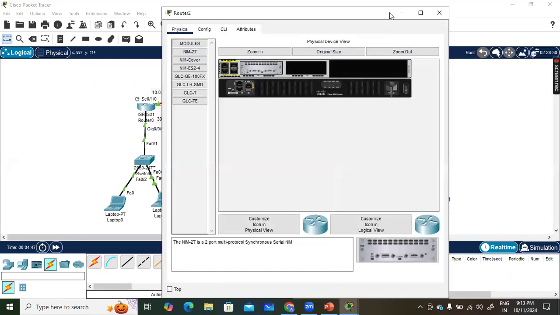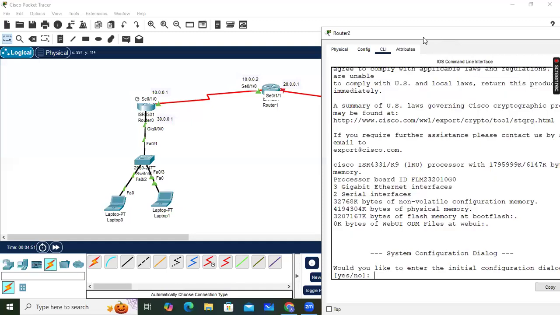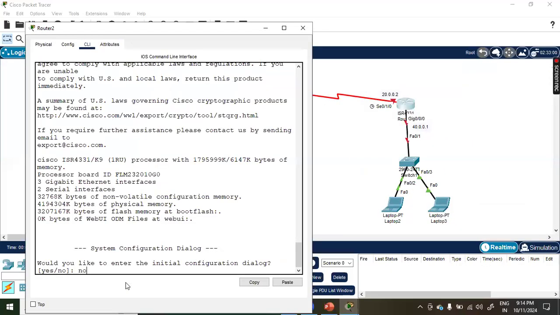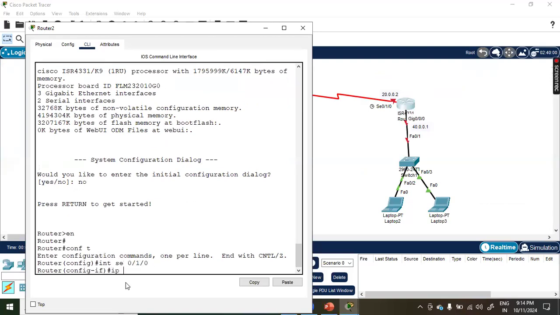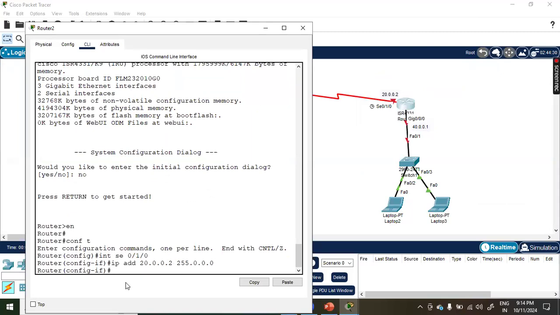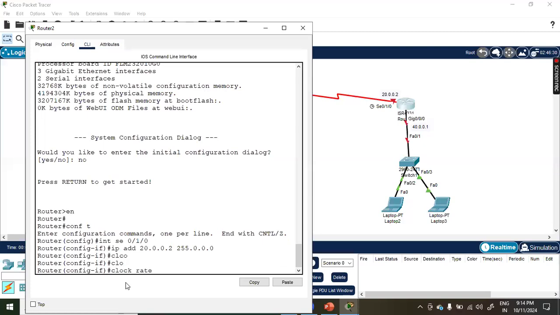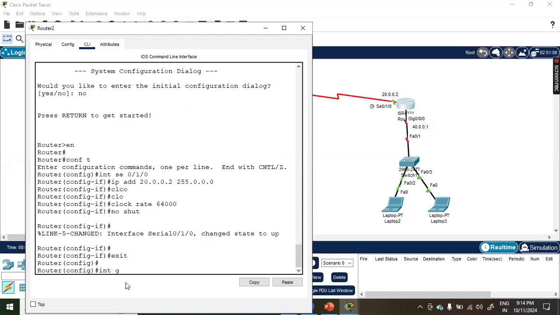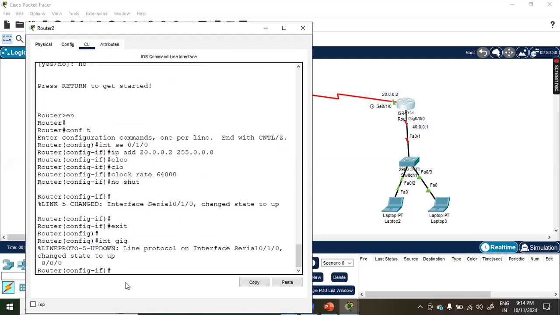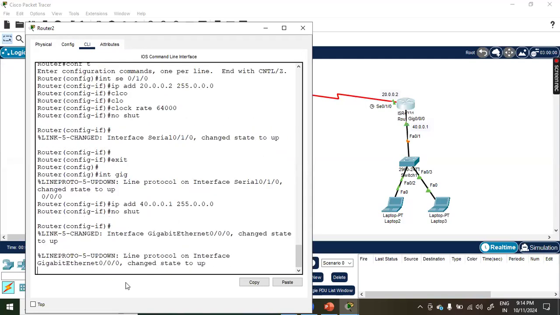Similarly, go to router 3. Okay. Just give the CLI and no, enable, configure terminal, interface serial 0/1/0, enter, IP address 20.0.0.2 255.0.0.0, enter, clock rate 64,000, enter, no shut, interface gigabit 0/0/0, enter, IP address 40.0.0.1 255.0.0.0, enter, no shut, then exit like this.